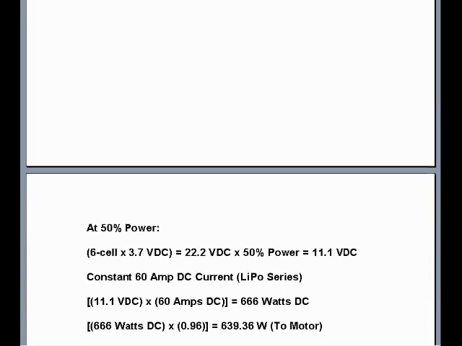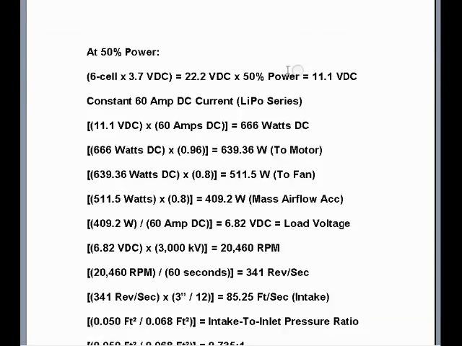It's the same process when we calculate at 50% power, except we will multiply the available maximum voltage of 22.2 volts DC times 50%, or 0.5, and start at 11.1 volts DC at 50% power.